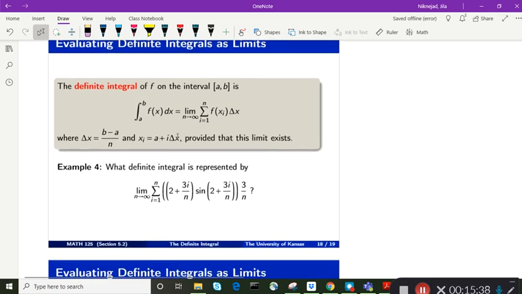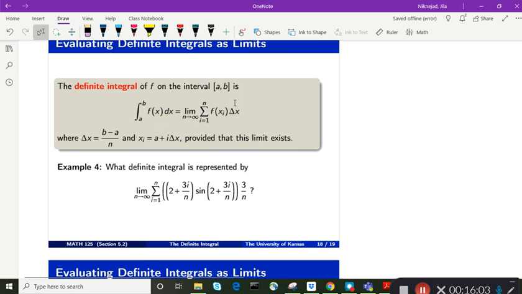So now, again with the same definition, what if the limit sum is given to me? How do I figure out what is what? In here, look at this function and let's compare. Now I have this side of the equation, and can you come up with xi in here?